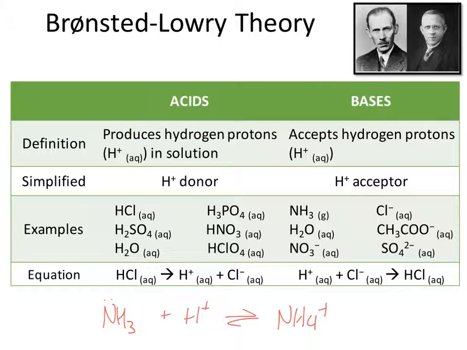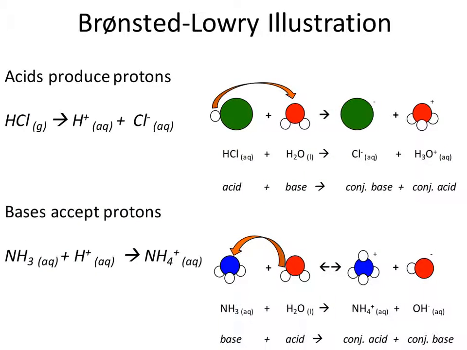Now, if we put this together in terms of water, what we're going to see is that we also produce OH. So in this case, we've seen this before. This is a Bronsted-Lowry illustration, which means that their definition is the same as the Arrhenius definition. An acid will have a hydrogen that it will donate or produce and donate to whatever there is.